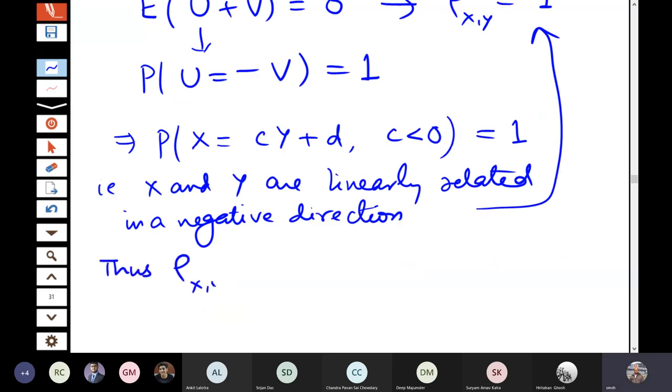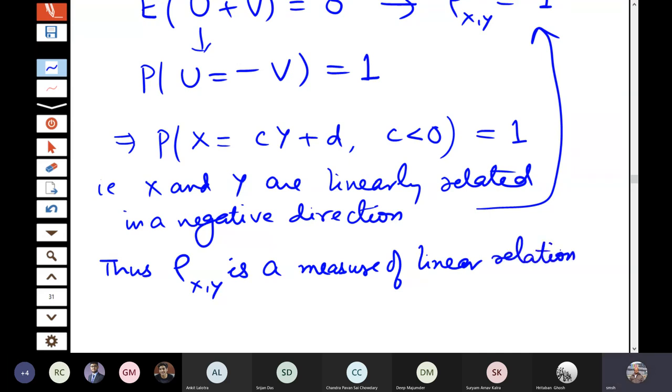Thus rho xy is a measure of linear relationship between random variables x and y.